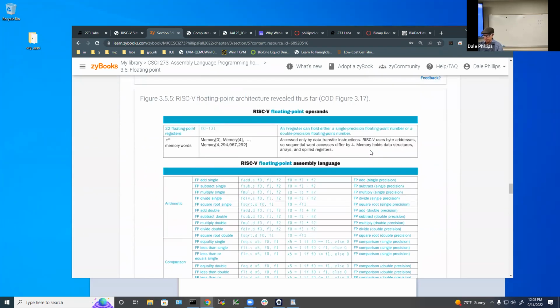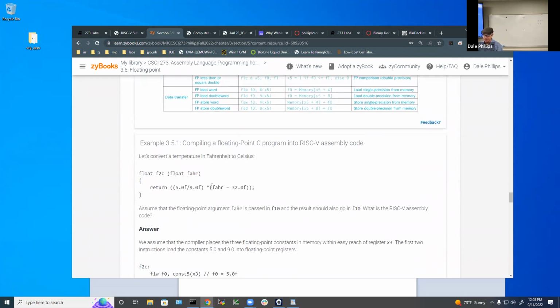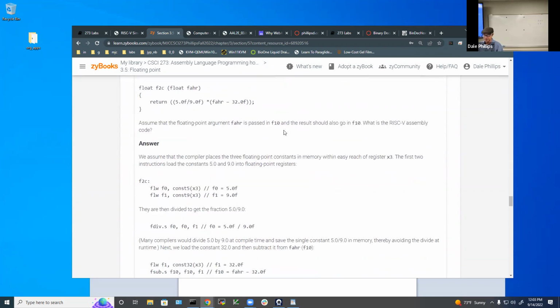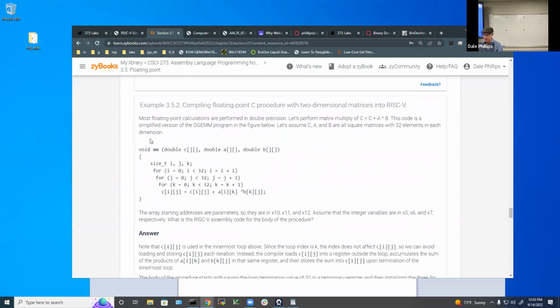And then they're showing you the floating point for RISC, the assembly language, and this is basically pseudocode, kind of C-like, and it shows you how it works and how to do it. And now we have, this is more of a, see, this is a matrix.